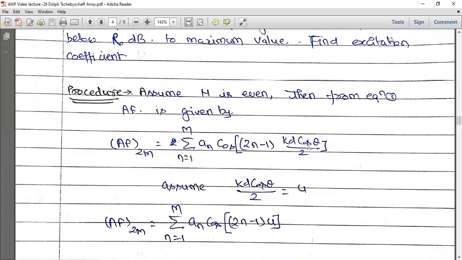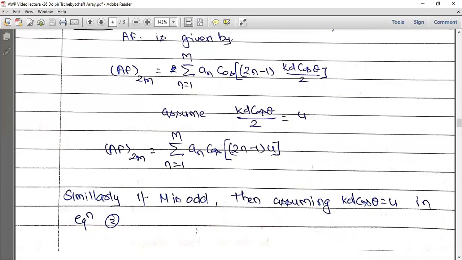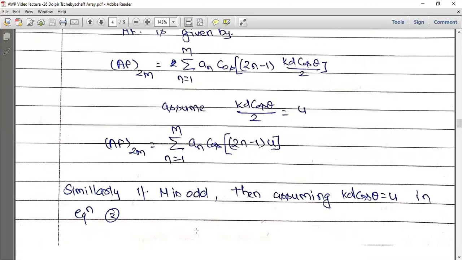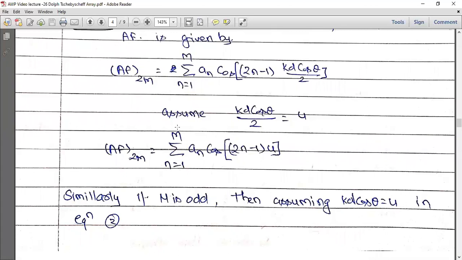Now for designing the Chebyshev polynomial, we consider kd cos theta by 2 as u. So kd cos theta by 2 is replaced by u, and the expression for the array factor becomes summation of a_n cos of (2n minus 1) u. Now, what is the meaning of the value of M?